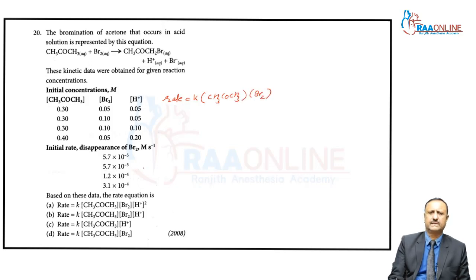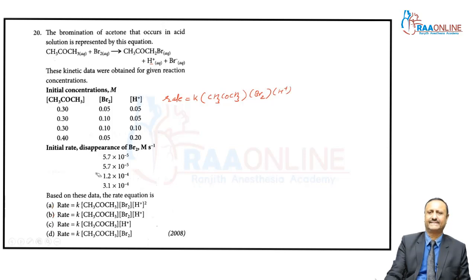So this is a wrong answer, because H plus ions are present. H plus ions are present in the product, and this is also an initial rate.